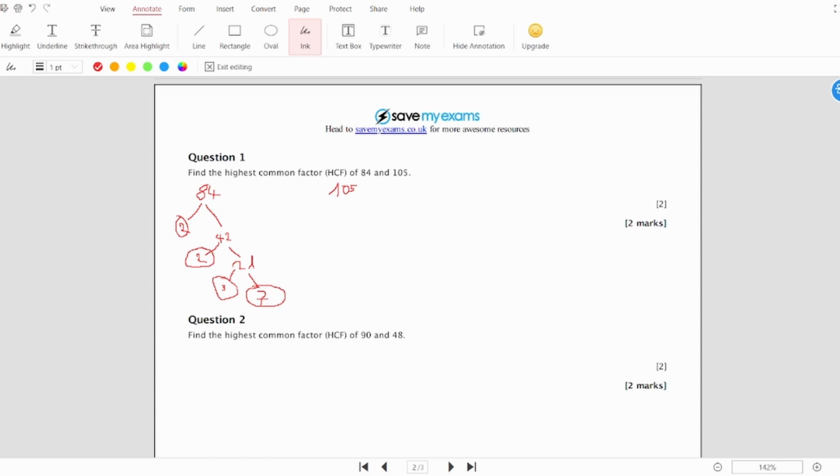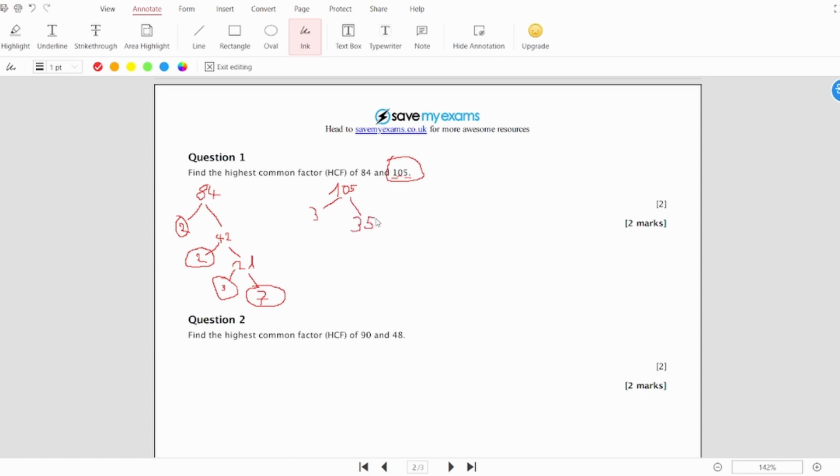What I've learned is that if the digits, 1 plus 0 plus 5, add up to 6, and 6 is divisible by 3, that means this is going to be divisible by 3. Now we know that 99 is 33, so we can just add up a bit. It's going to be, let me see, it's going to be 35. So you put 3.